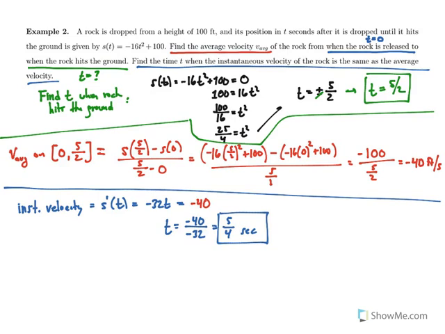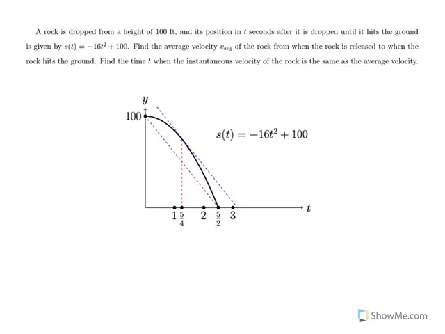When we think about a graph of this on the next page, we have a picture of our function, which is a parabola facing downward, negative 16t squared plus 100. And we found our average velocity was the slope of the secant line, and the slope of that was negative 40.